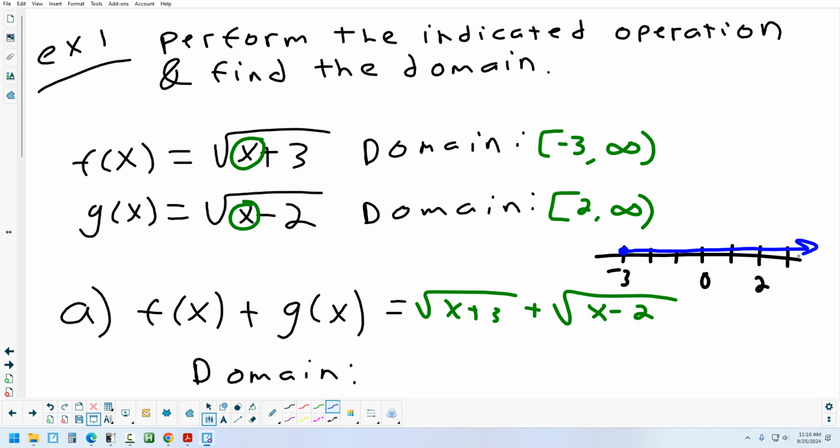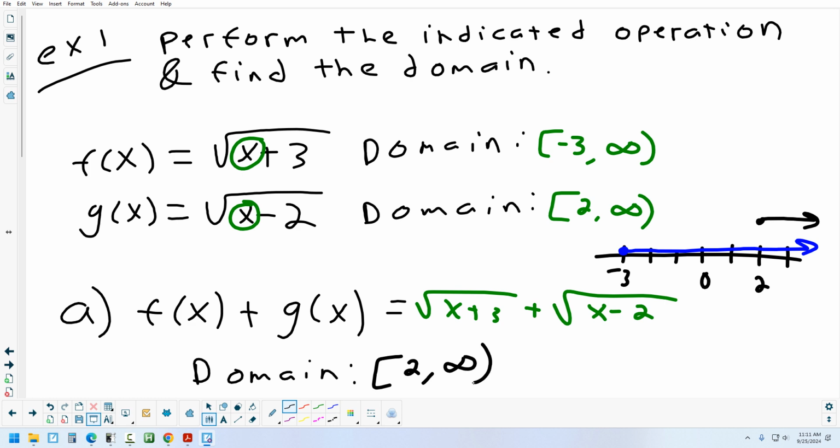The second one had a domain of 2 and up. When we combine them, the domain is the overlap between the blue and the black arrows. Anybody see where the overlap is? Is it 2 or higher? Yep, 2 or higher. That's the overlap. So the domain here is any number 2 and up.